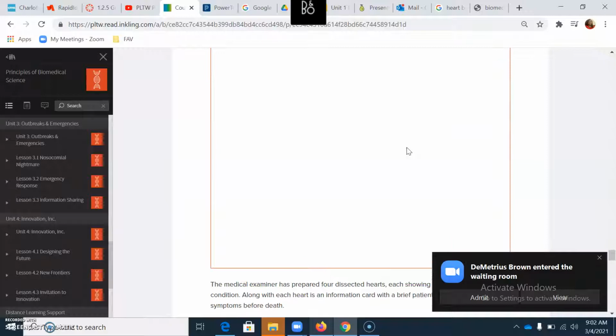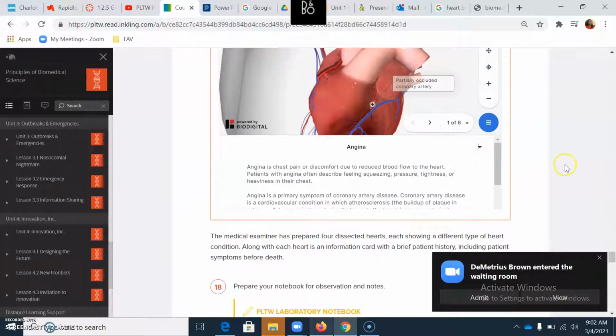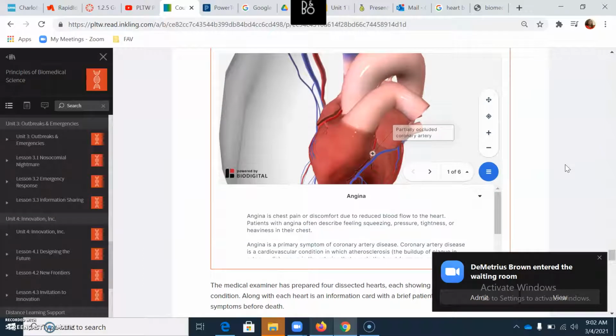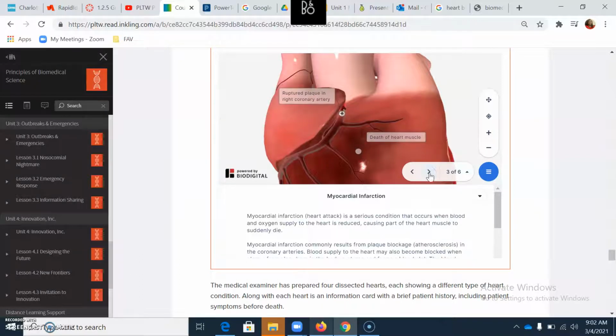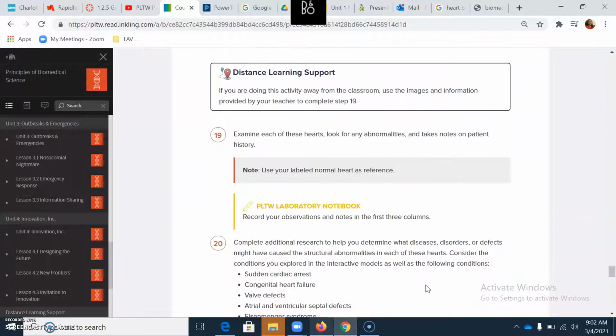You do have certain diseases that are based off the heart, like angina and some other ones. They can cause chest pain, pressure, things of that nature. So there are different little ones that you can look at that are available for you.